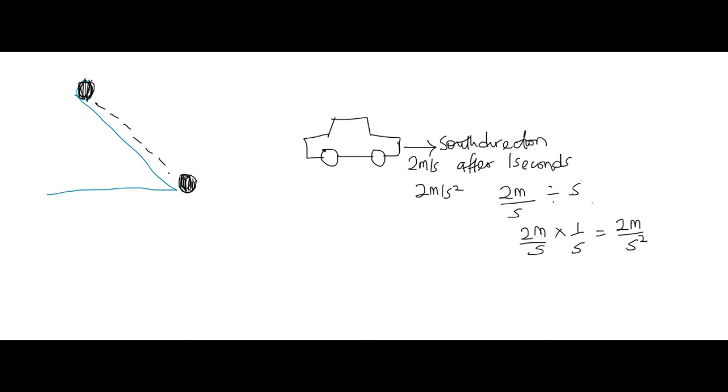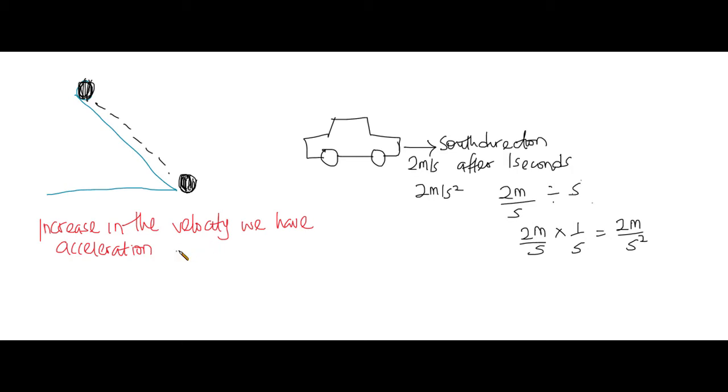So when we have an increase in the velocity, we have acceleration. Now what will be coming to your mind is, when we have a decrease in the velocity, what should we have?